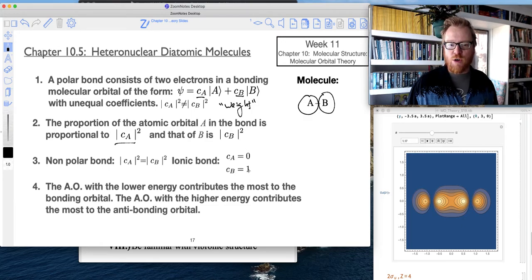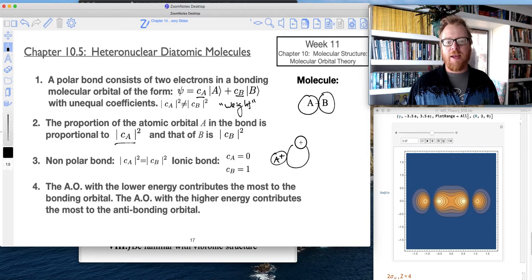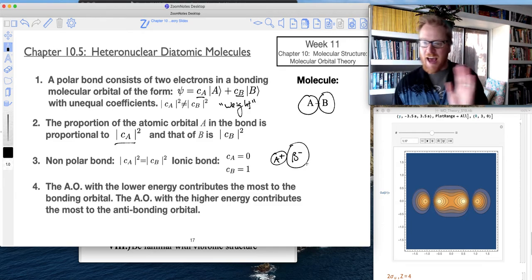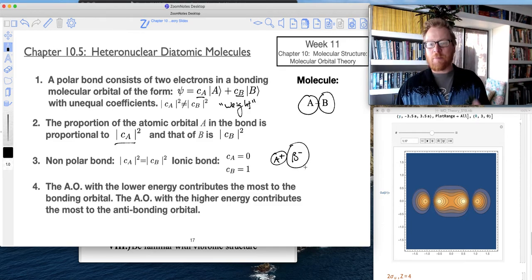And if you think about which one of these has to be a cation or an anion, it makes good sense then that A here would be the cation and B would be the anion, because in this cation-anion system, the anion is in larger control of the electron.